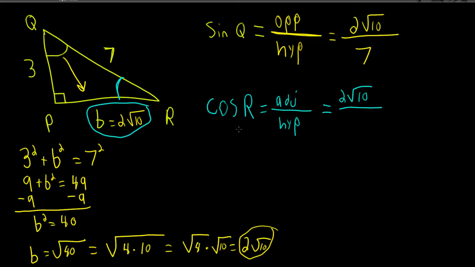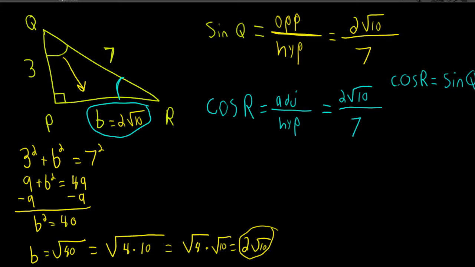And maybe you see where this is going, but we then put the hypotenuse, which is 7, in the denominator. So we have that the cosine of R is 2 times the square root of 10 over 7. And what's interesting about this is this tells us that the cosine of R is equal to the sine of Q. And we'll work a little bit more with that idea later.